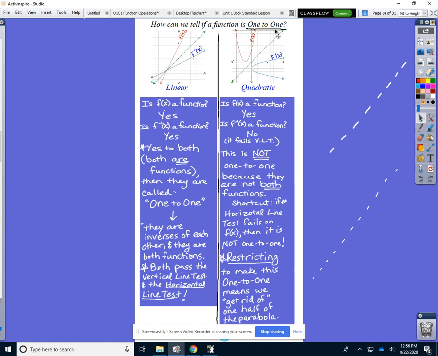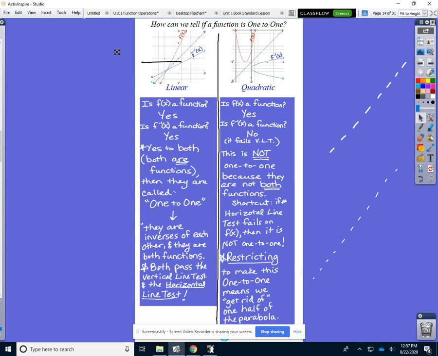Well, here's a horizontal line. If I run this on the red function, it only touches once. So that basically means that if I turn this and make it a vertical line, the blue function will only touch once as well. Think about this. What is the inverse of a vertical line? And your answer should be a horizontal line, right?